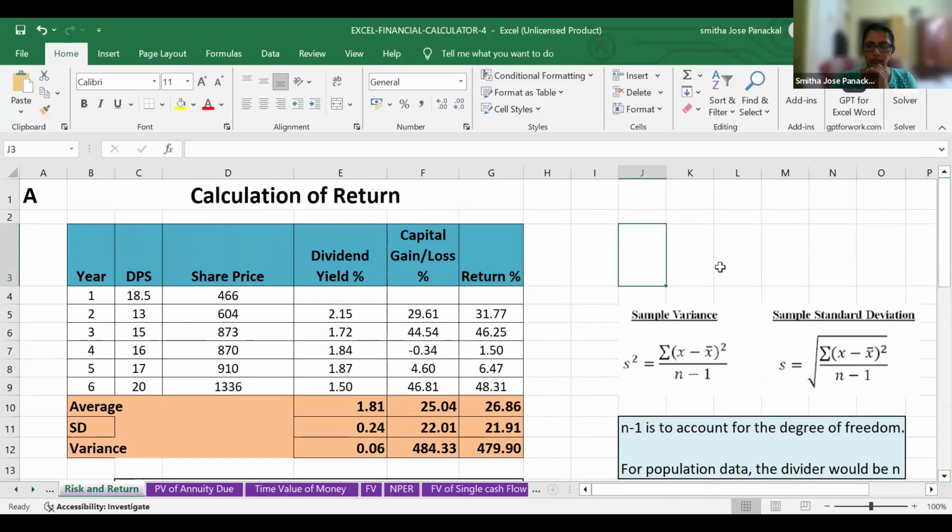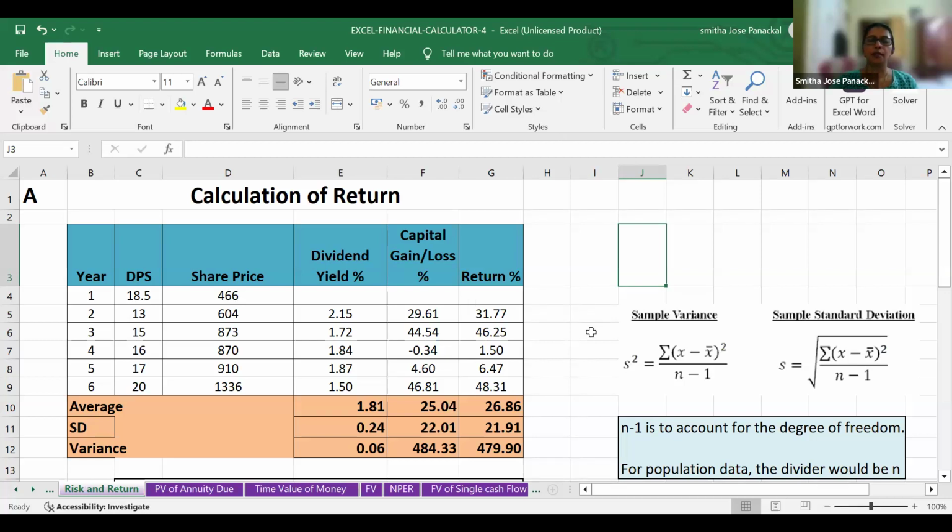I'll sum up the discussion. We have discussed the basic definition of risk and return, and with respect to return, we have discussed the calculation of return on investment, return on capital employed, return on equity, and return on total assets, right?